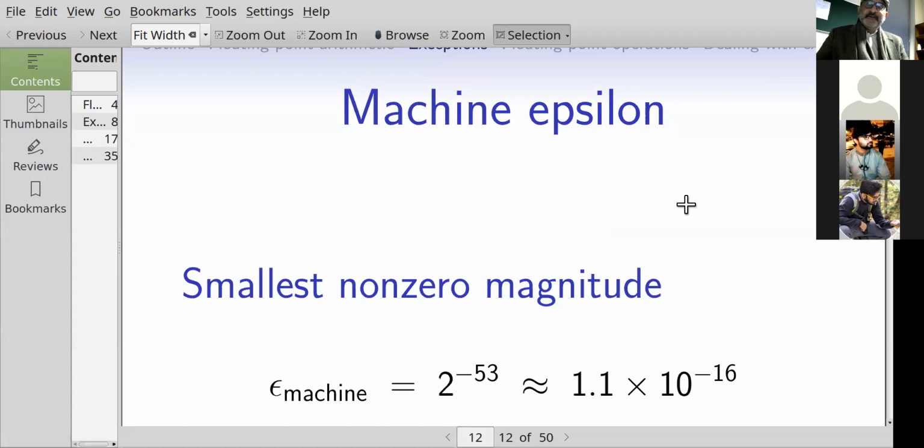I suppose it's trivia, but it's also useful to know because we are going to be looking at things like round off errors and so on and so forth, right? So if the round off errors are like 10 to the minus 16, we're probably not going to be too worried about them. If they're considerably more than 10 to the minus 16, then we might be more concerned about them, for example. Right? But there's no point in worrying about errors that are less than the machine epsilon. Okay?